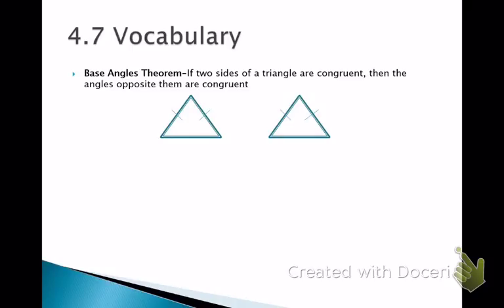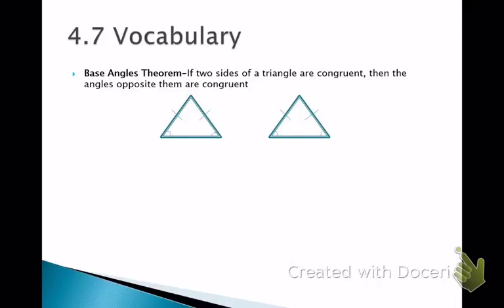In other words, in an isosceles triangle, if the legs are congruent, then the base angles are. The angles opposite them are congruent. Okay? So if we know that it's an isosceles triangle, then the base angles are going to be congruent. That's why it's called the base angles theorem.